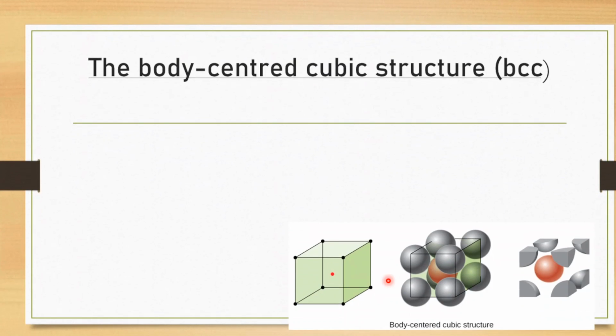Next, the body-centered cubic structure, BCC. The next or the second representative. This is the picture of the body-centered cubic structure, and this is the 3D appearance.